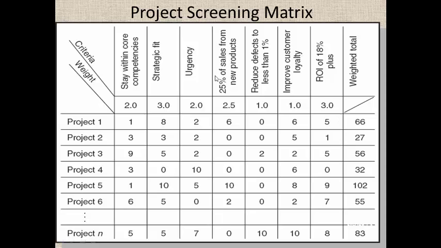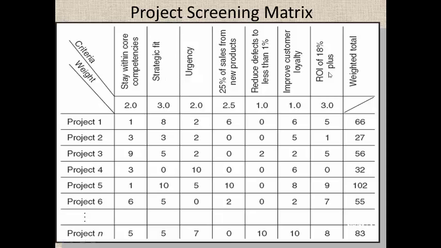So one or two are finance factors, the rest of them are some quality factors, some customer factors, and then urgency and strategic factors. All those things are built in.